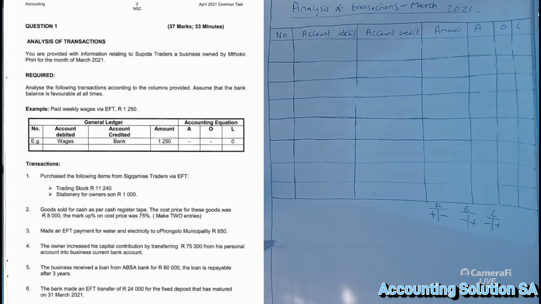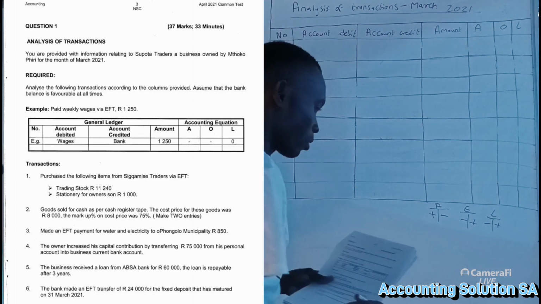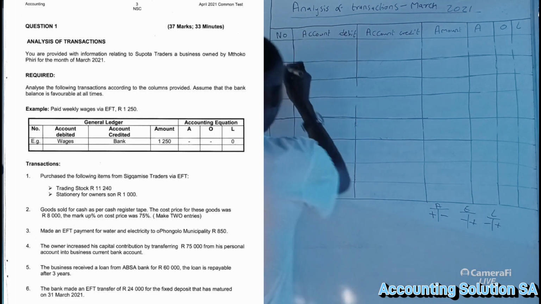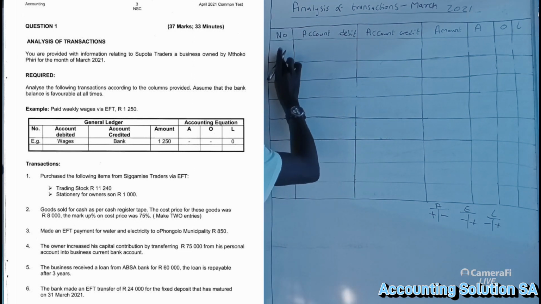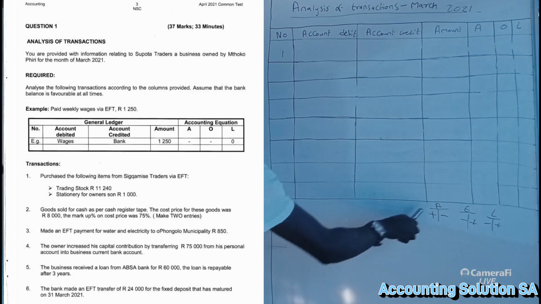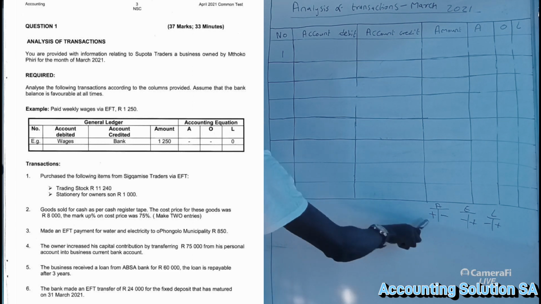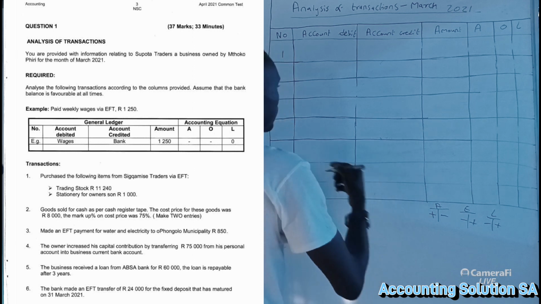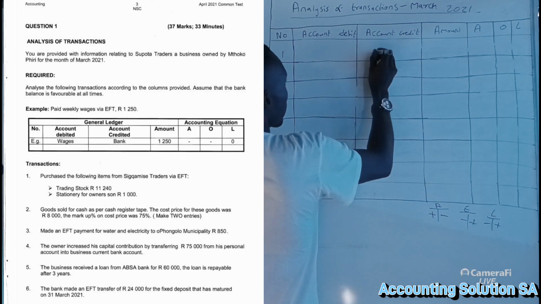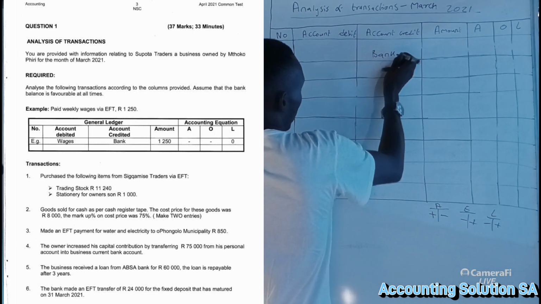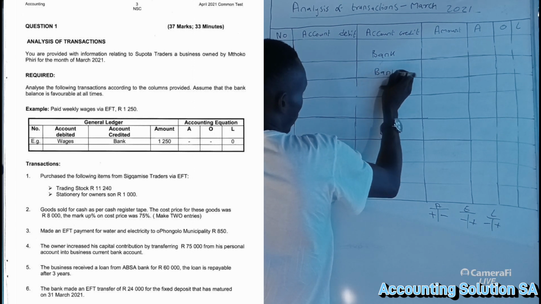This purchase has been made cash. Two purchases have been made cash. Number one, if something is purchased cash, it means that the business lost an asset, which is bank. Okay, we lost cash because we paid, which means that our bank is going to be credited. We have to record them separately, guys.